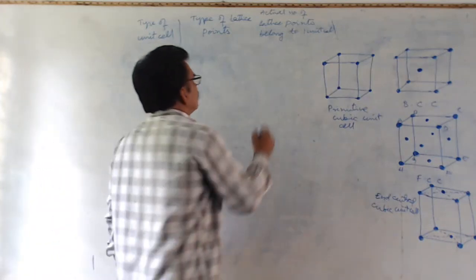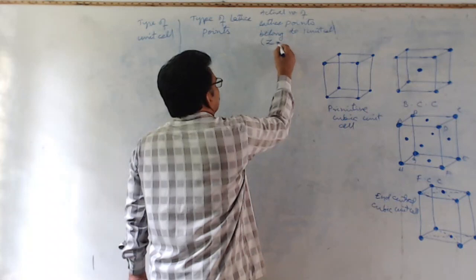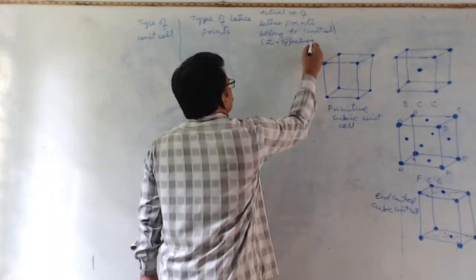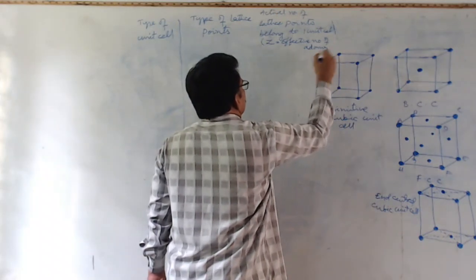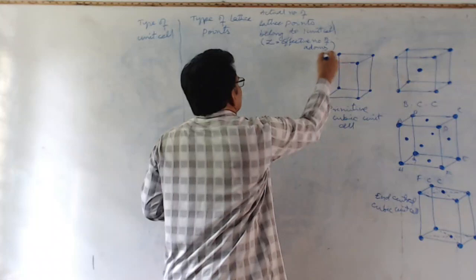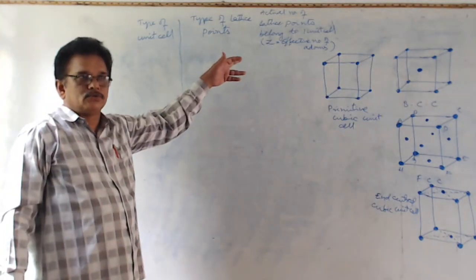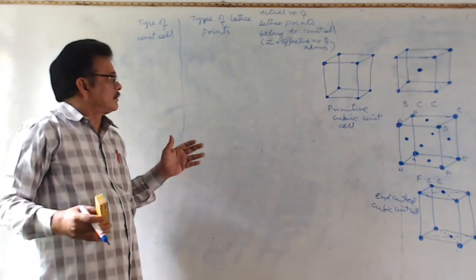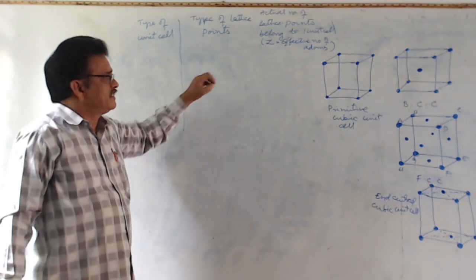This is called the effective number of atoms, denoted as Z. We will come across this Z value, and based on that Z value, we calculate efficiency.